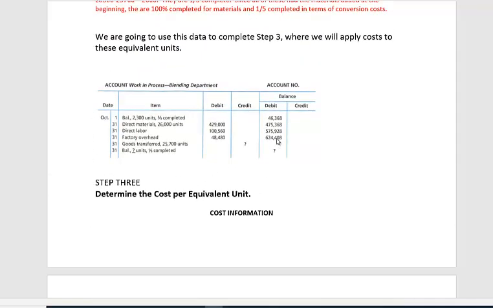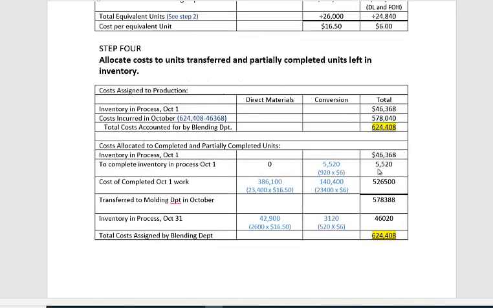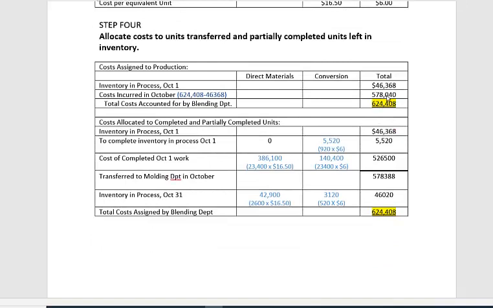You could take the $624,408 and subtract the beginning inventory costs, or you can just add these three costs that were added. So materials, labor, and overhead were all added, and those total up to $578,040.